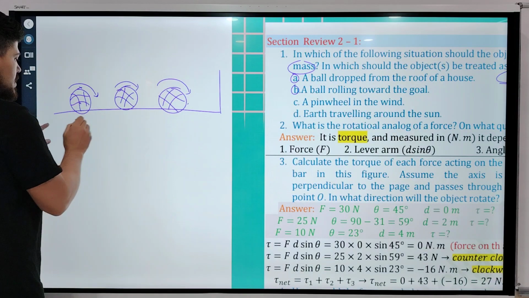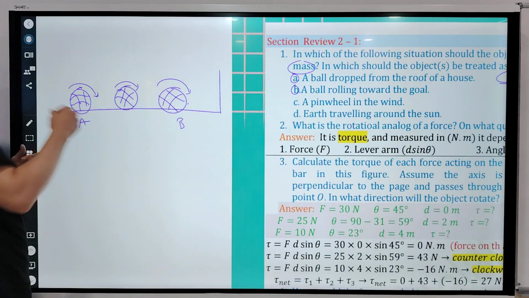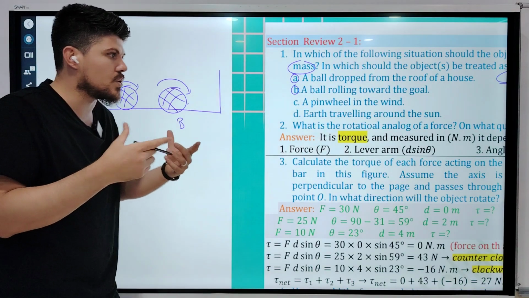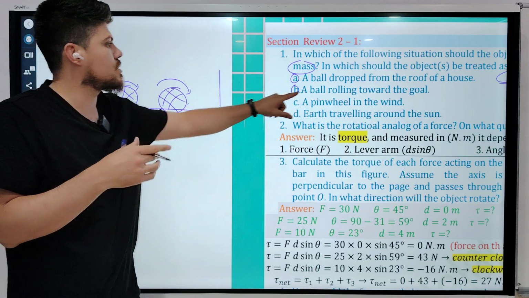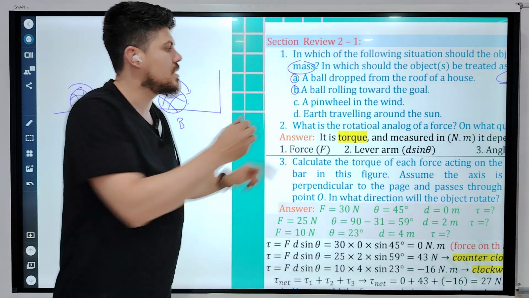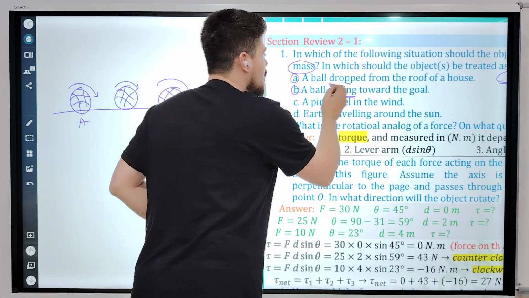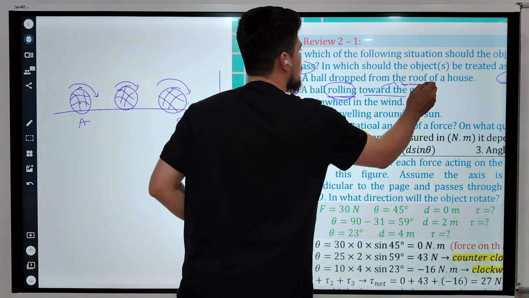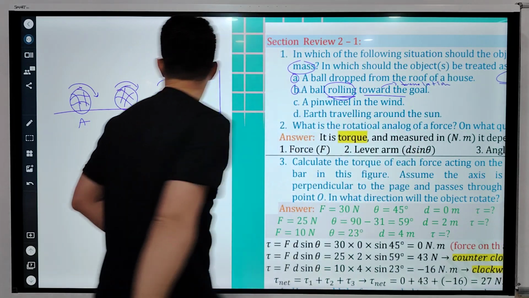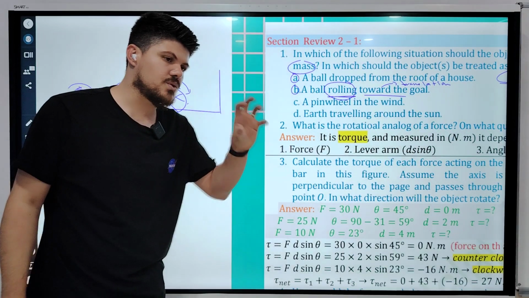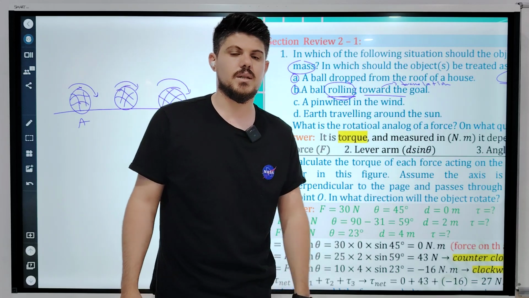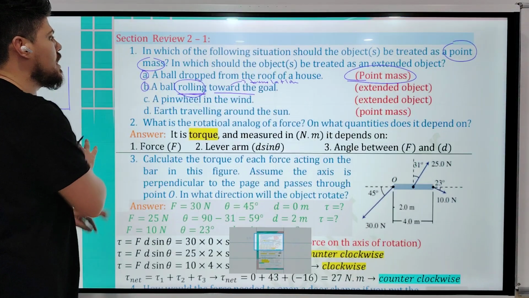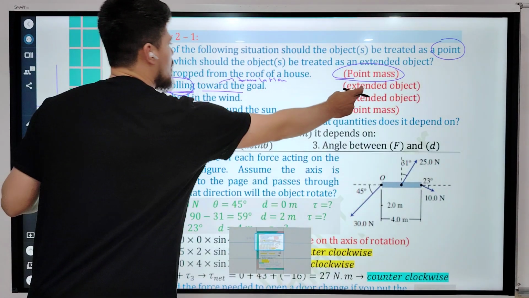Do we have change in position from this point to this point? Yes, so this is translational motion. Do we have rotation? Yes, of course, because it says rolling. Rolling has rotation, and toward the goal has translation. So if the object has both types, translation and rotation together, the object is treated as an extended object. So the second one, B, should be an extended object.